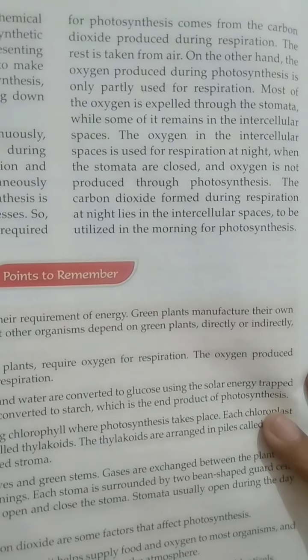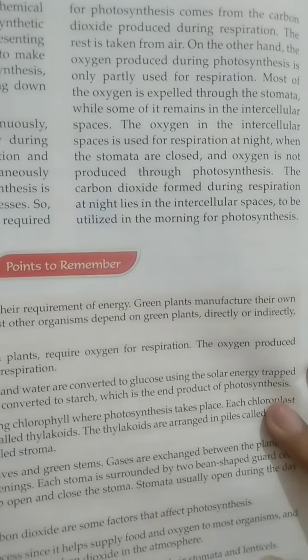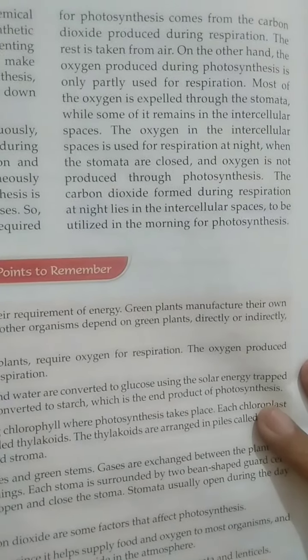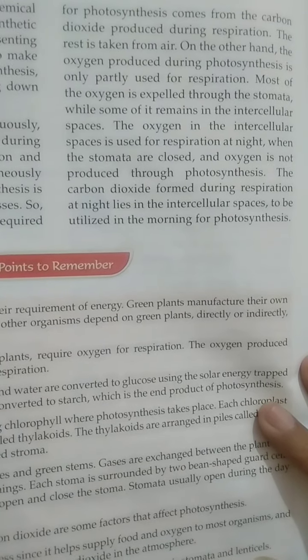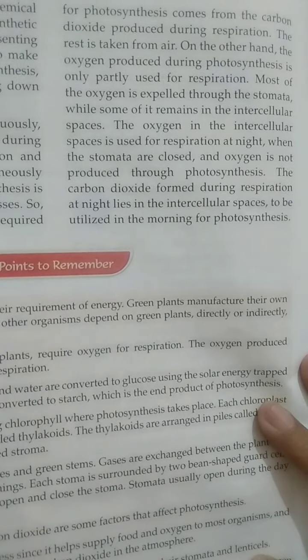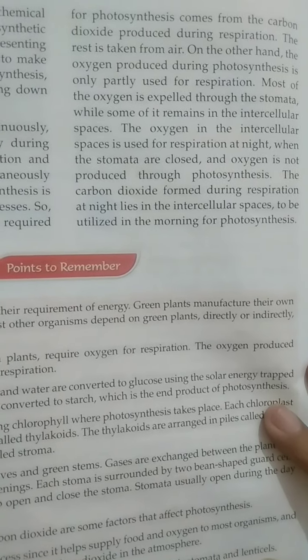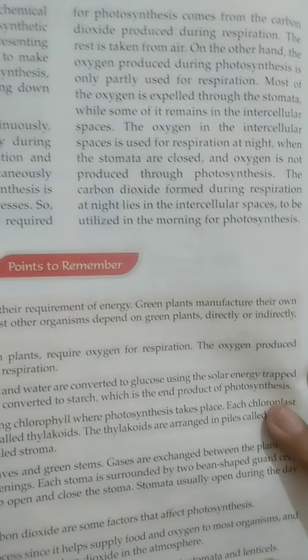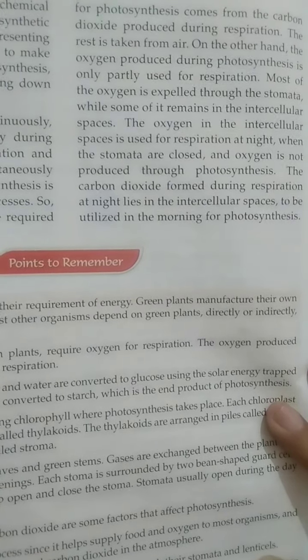So in this way you can see that respiration occurs day and night in the plant body, while photosynthesis occurs only during daytime. Now the carbon dioxide which is formed during respiration at night time lies in the intercellular spaces, and it is used by the plant for photosynthesis in the next morning.